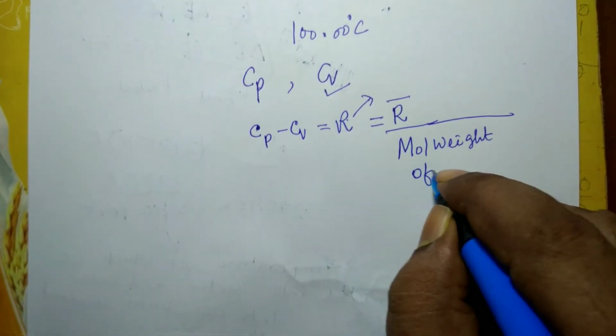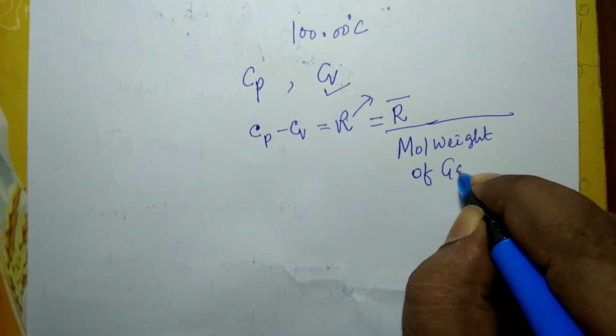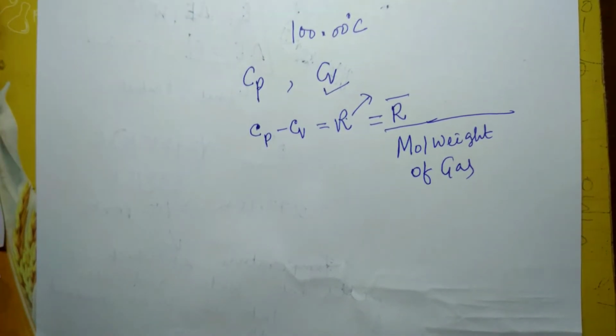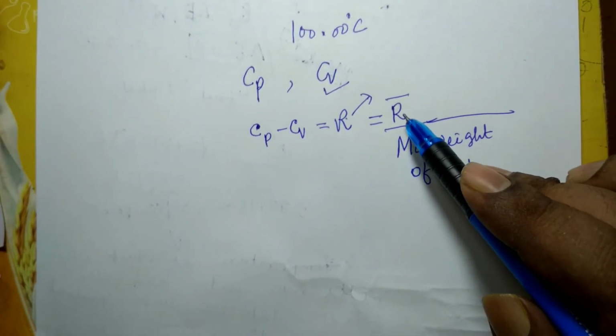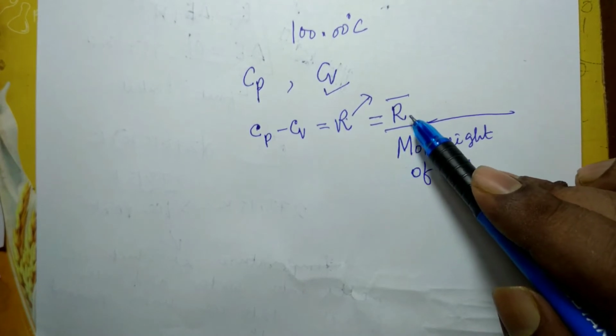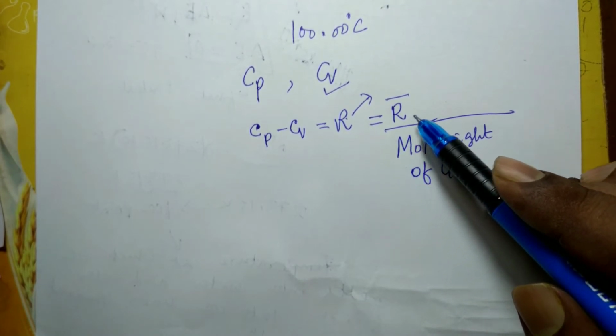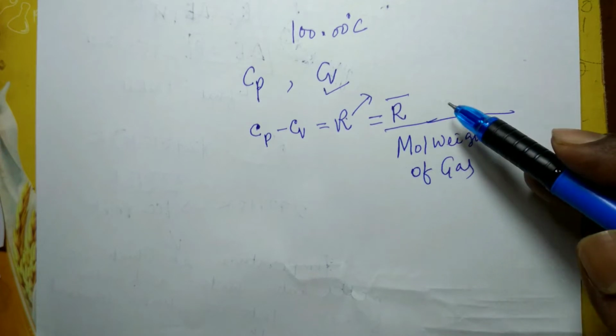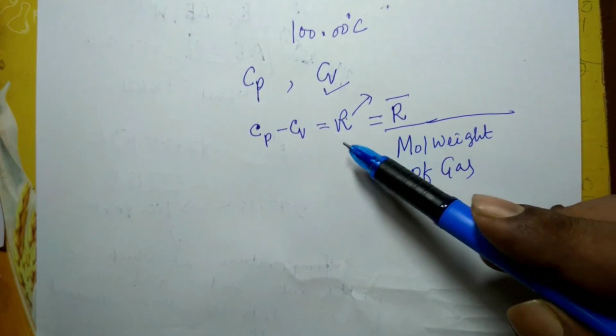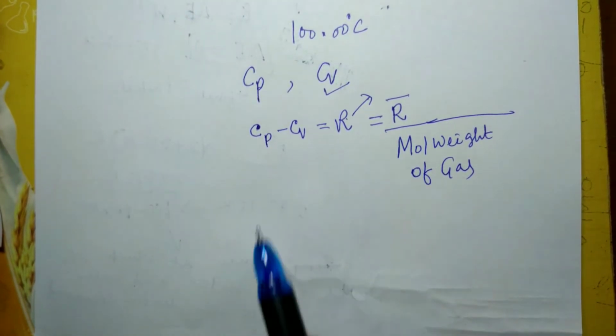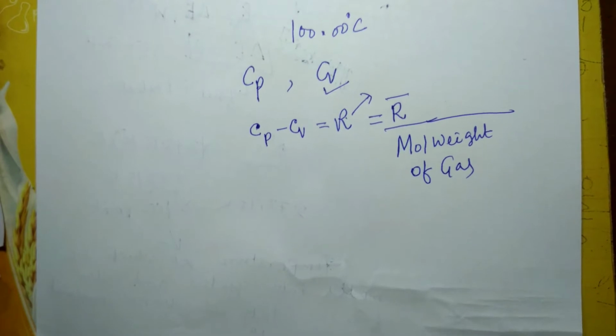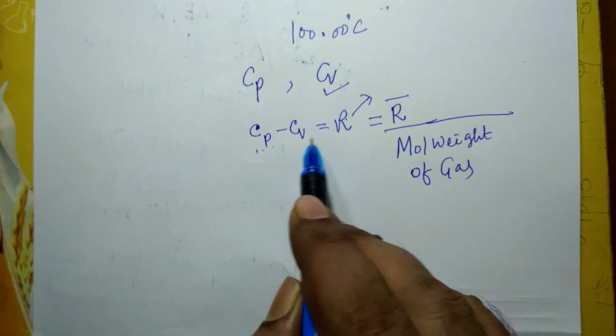The characteristic gas constant varies from gas to gas, but the universal gas constant does not vary. It is constant, that is 8.314 kilojoule per kg mole Kelvin. So Cp and Cv are different for different ideal gases, and the difference Cp minus Cv is R.